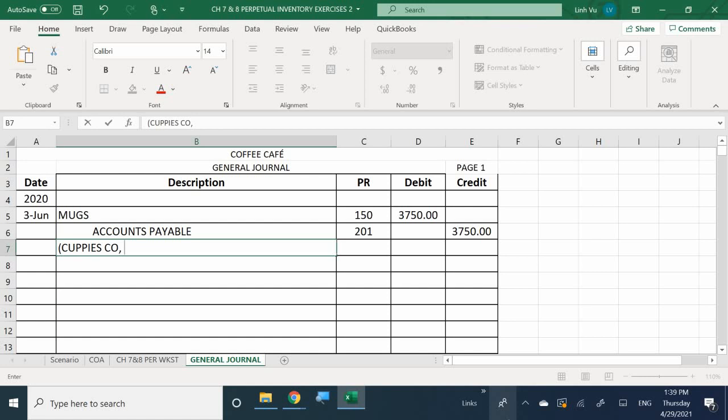Here you could say I purchased 1,000 mugs at $3.65 each, and I was given terms 5%, 15 or net 30. Okay, good. So there you go. That should be enough information in regards to that.